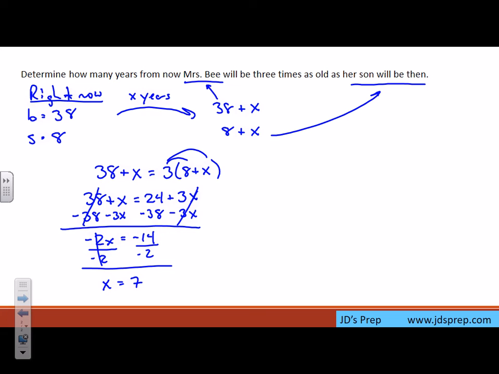Since the X represents the number of years from now that will pass before Mrs. B will be 3 times as old as her son, then we can say that Mrs. B will be 3 times as old as her son in 7 years.